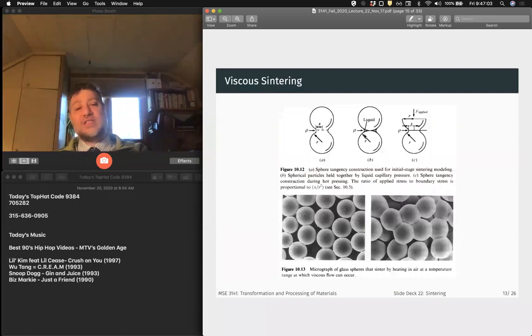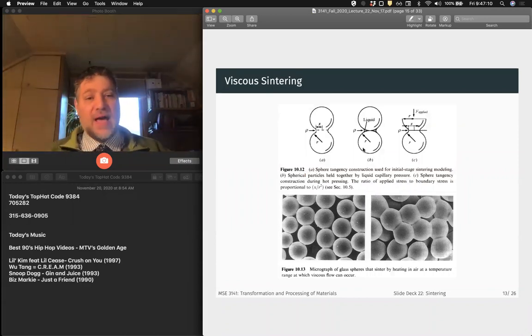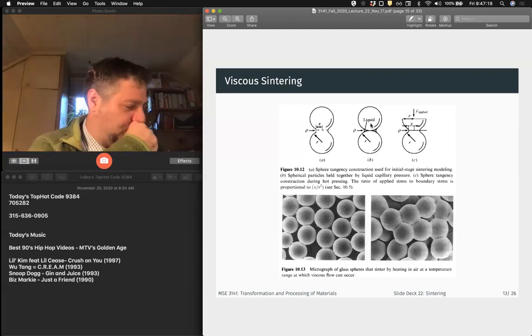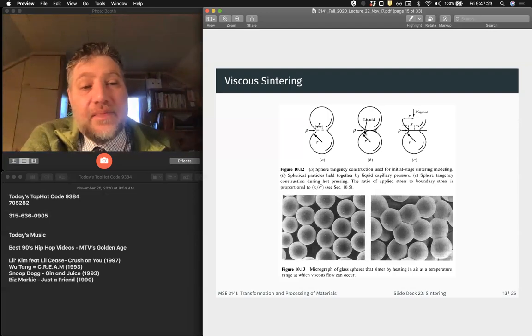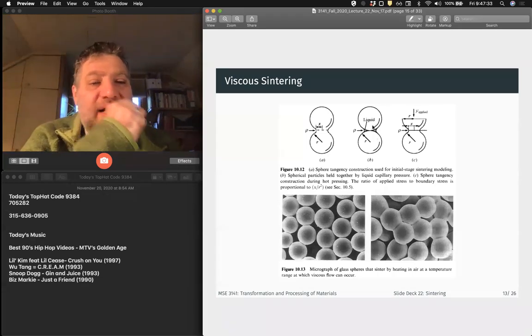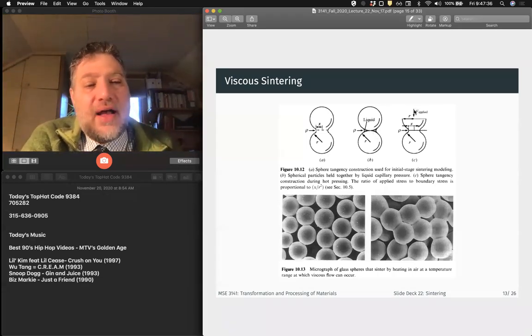Because of the chemical potential changes, we get highly local melting, and then the particles are held together by liquid capillary pressure. And then we have an applied force and we get viscous flow here.